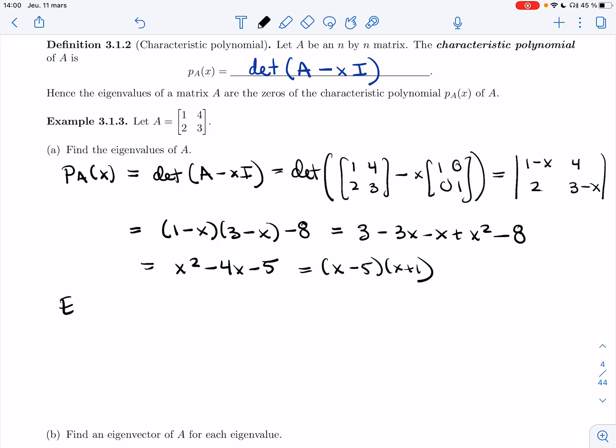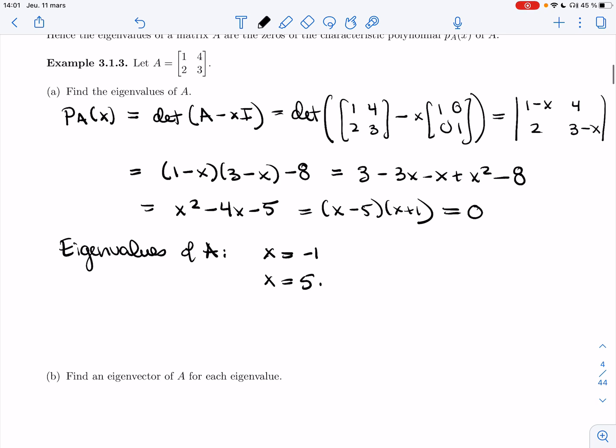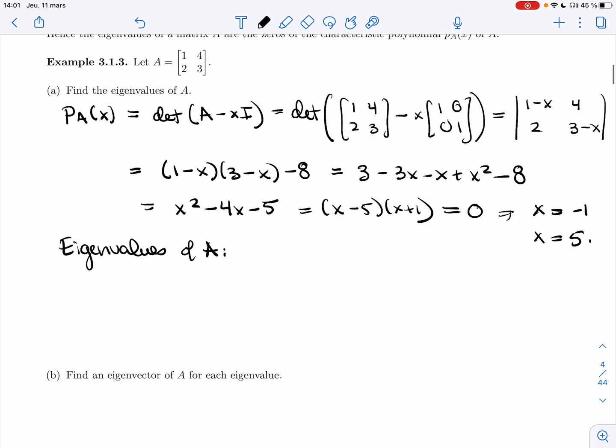And so the eigenvalues of A are the zeros of that polynomial, and so it's going to be x equals minus 1 and x equals 5. Let's write it as lambda. The first eigenvalue is minus 1, the second one is 5.